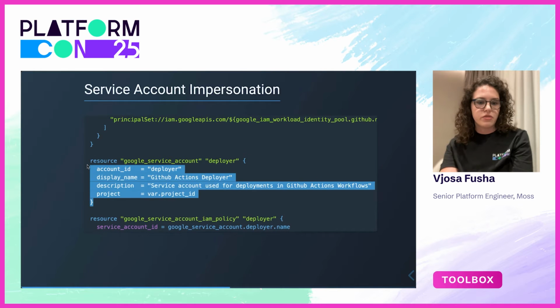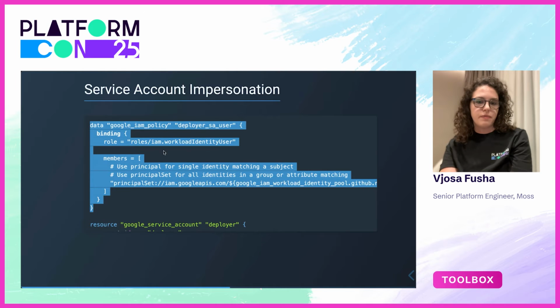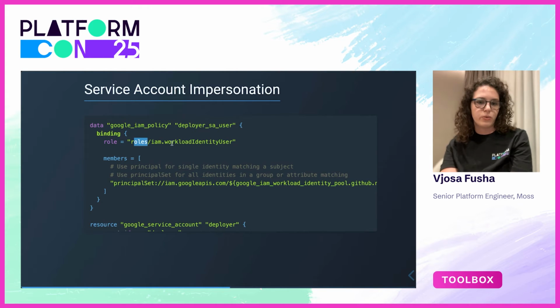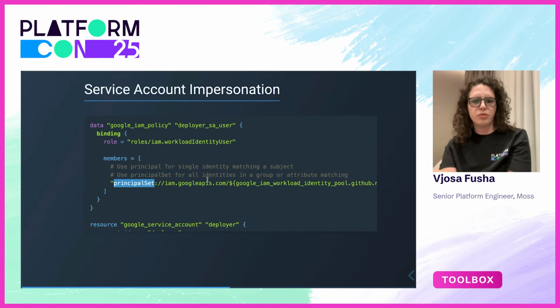Then once we have the service account, we need to define the IAM policy. So we need the role workload identity user, and we need the members. We can use the principal for a single identity matching a certain subject, or we can use principal set for all identities in a group or attribute that matches a group or an attribute, or even a pool, I think.